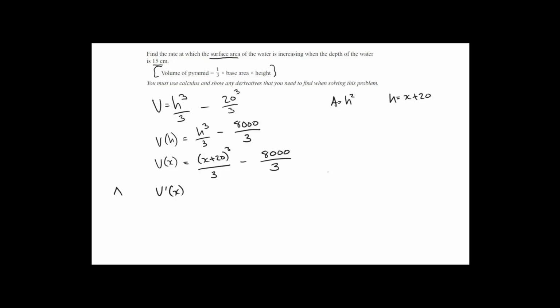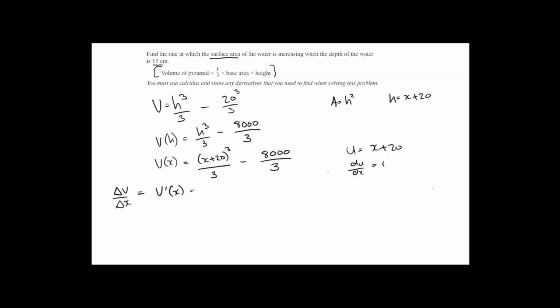So the change in V with respect to x. We're going to use the chain rule for this one. I think I'm going to make u equal to x plus 20. Actually, we could have done it with h, couldn't we? So du dx is one. We could have just reworded this as h.